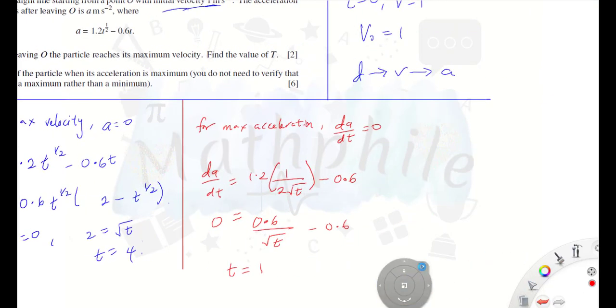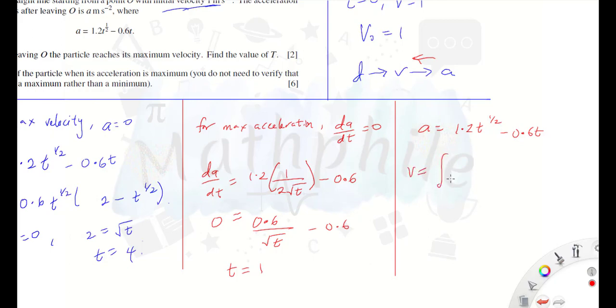So now we have to integrate the acceleration function. The acceleration function is a equal to 1.2 t^(1/2) minus 0.6 t. We're going to integrate the acceleration function to get a velocity function. So v is equal to the integral of 1.2 t^(1/2) minus 0.6 t.